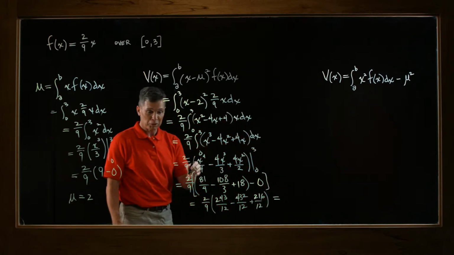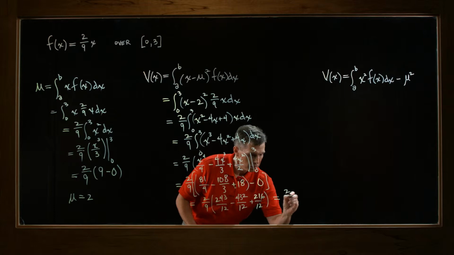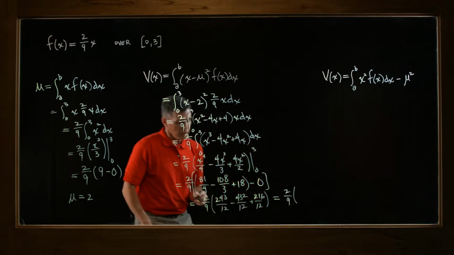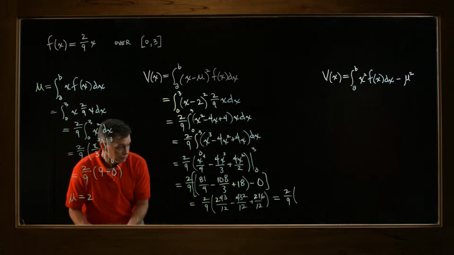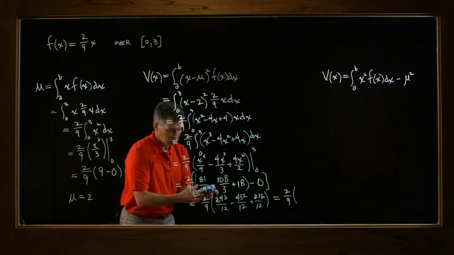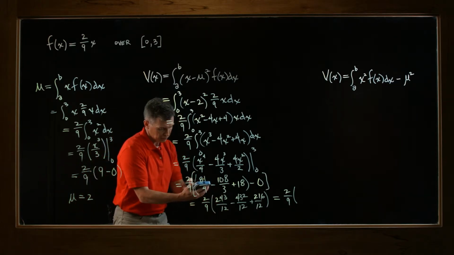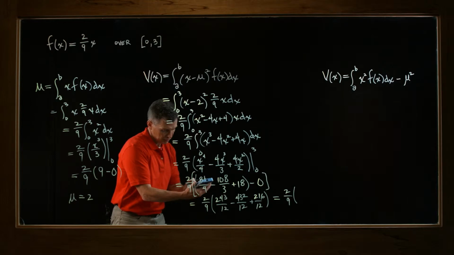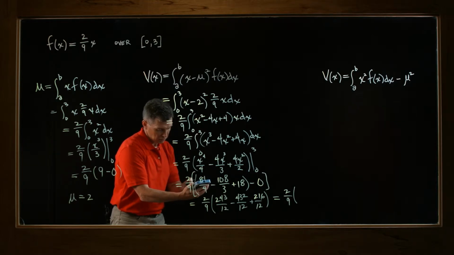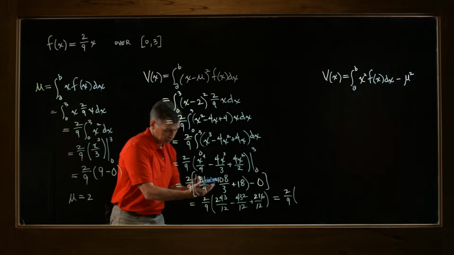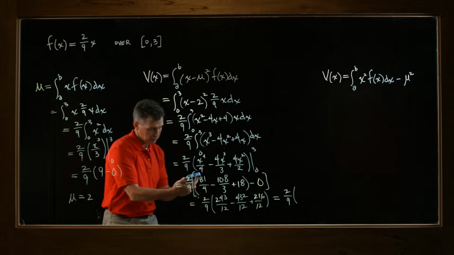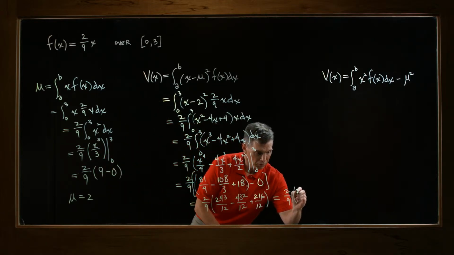Continue now, do my arithmetic, 2/9. I'm going to grab the calculator again. Just for the numerators, we'd have 243 minus 432, and then plus 216. Ends up being 27, still over 12.